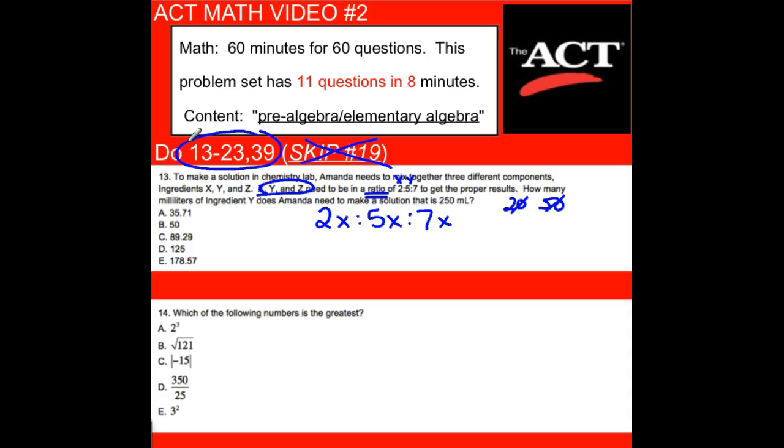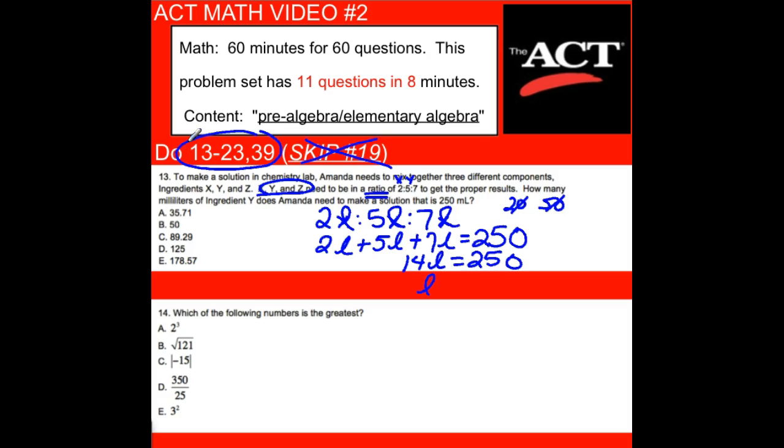Probably best not to call this X since we have a solution X, so let's call that L. What I know is when I mix it together, I have 250 milliliters. When I combine like terms, I get 14L is equal to 250.